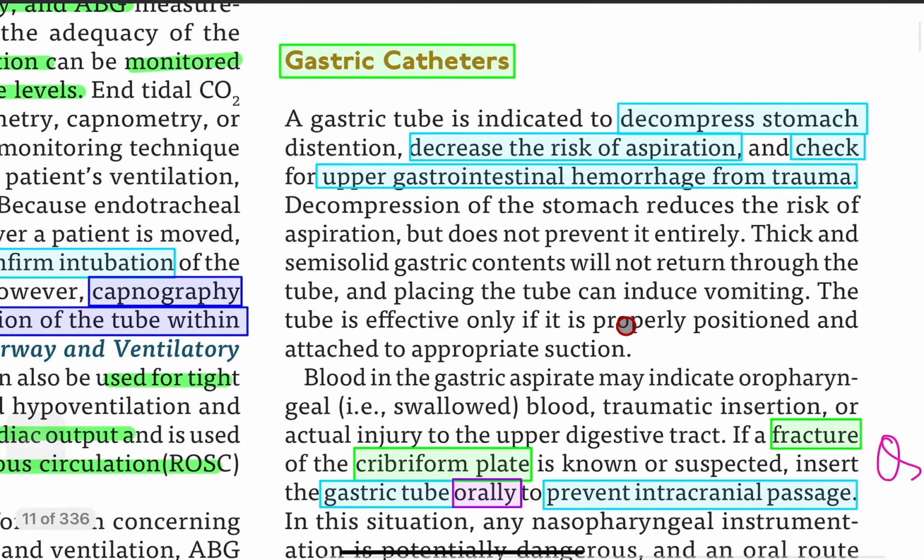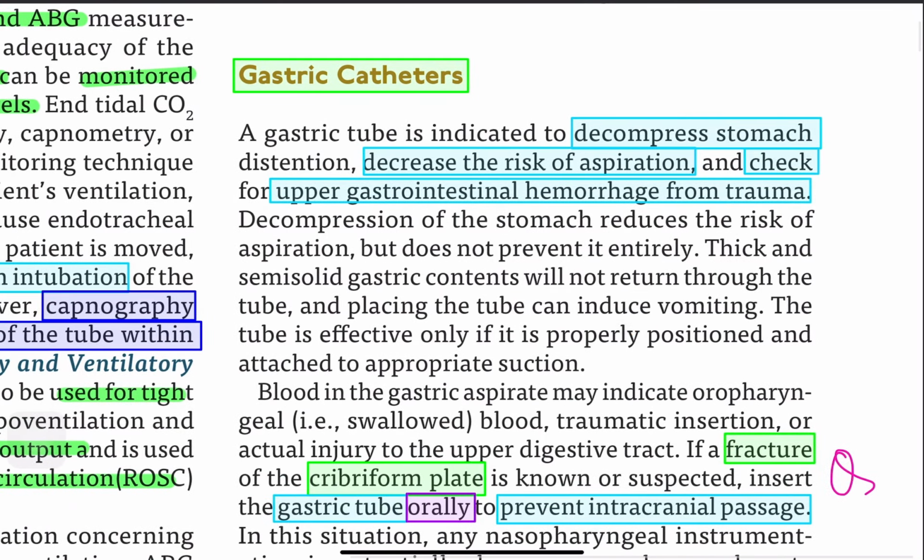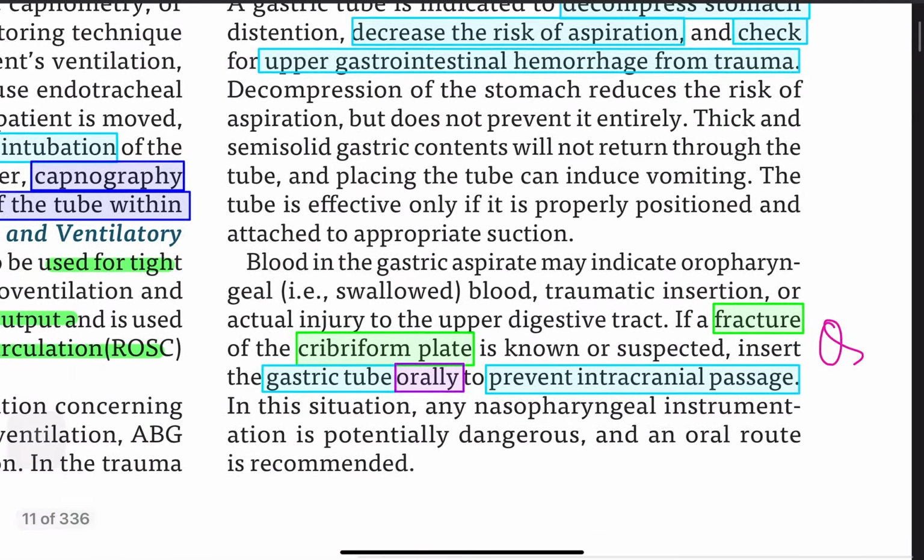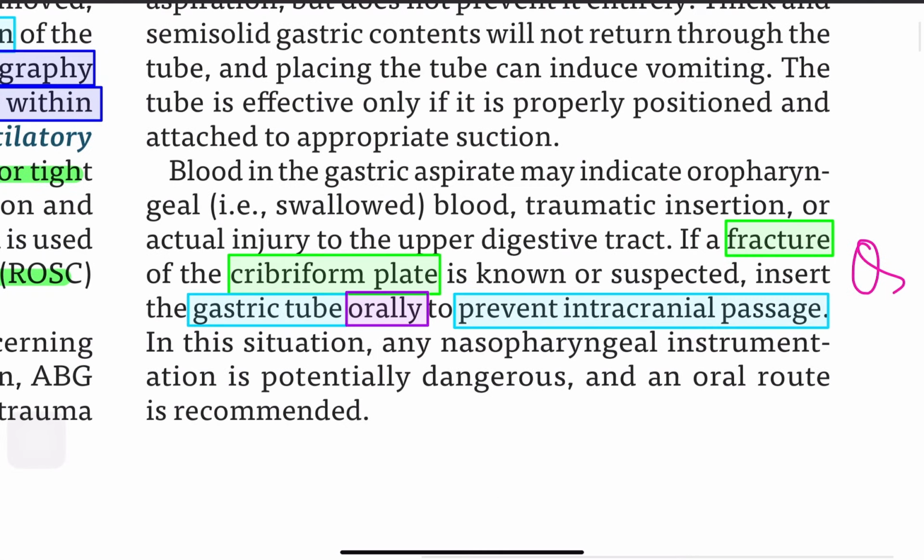Okay. Regarding gastric catheter, what is the use of putting a gastric catheter? It will decompress the stomach, decrease the chance of aspiration, and check for any upper GI hemorrhage from the trauma. Okay. So if you suspect a fracture of the cribriform plate, put the gastric tube orally, not nasally. Okay.